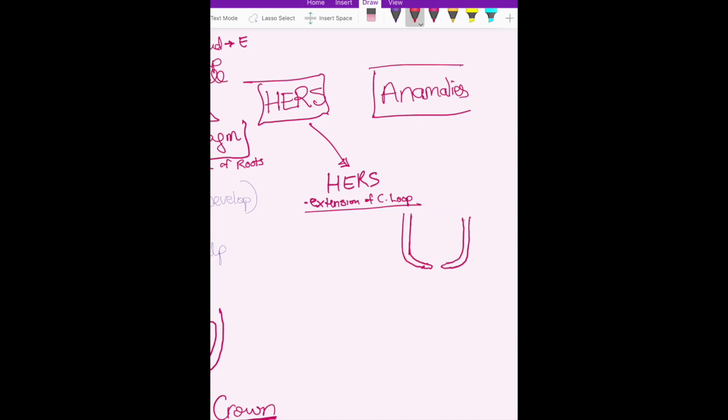So let's talk about the steps. We know it's a bilayer of epithelial tissue covering the connective tissue component of the root. The proliferation happens first: you have mitosis at the cervical loop.